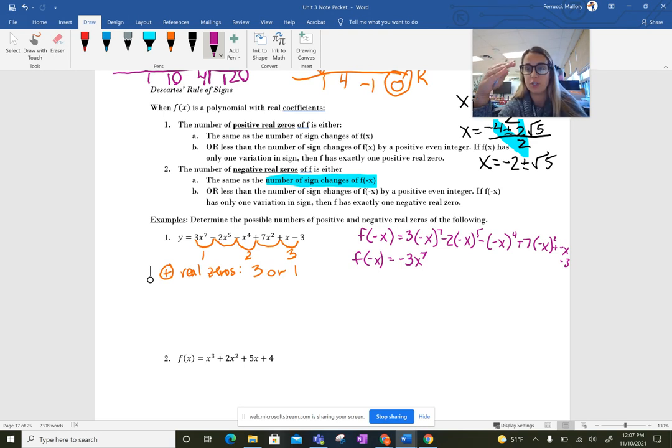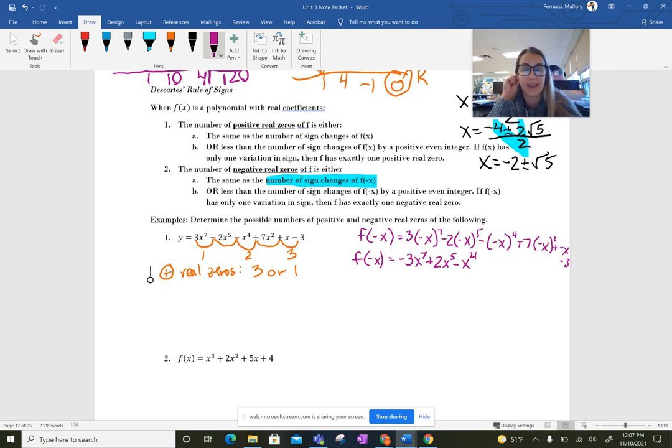So it's negative 2, parentheses, negative x to the 5th. So that would become a positive 2x to the 5th. Now for the next one, we have minus, parentheses, negative x to the 4th. If it's an even power, then we just keep the sign that it had.